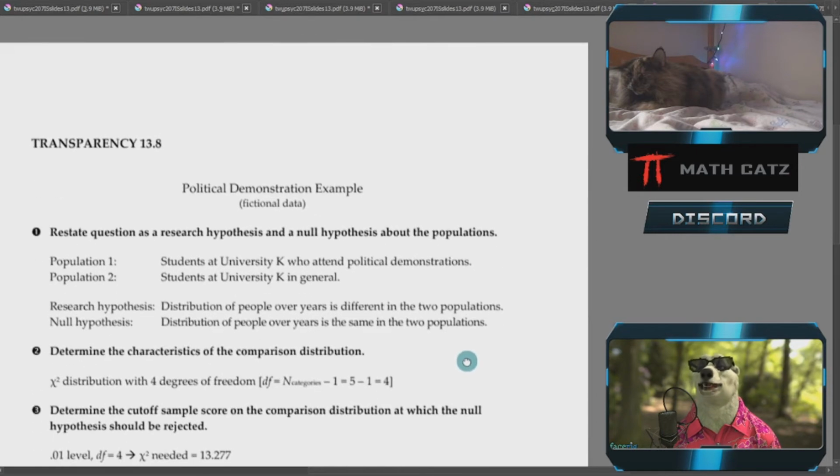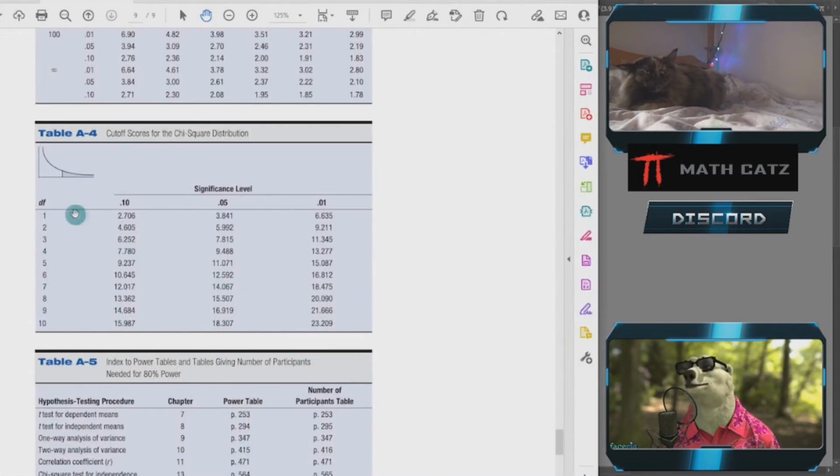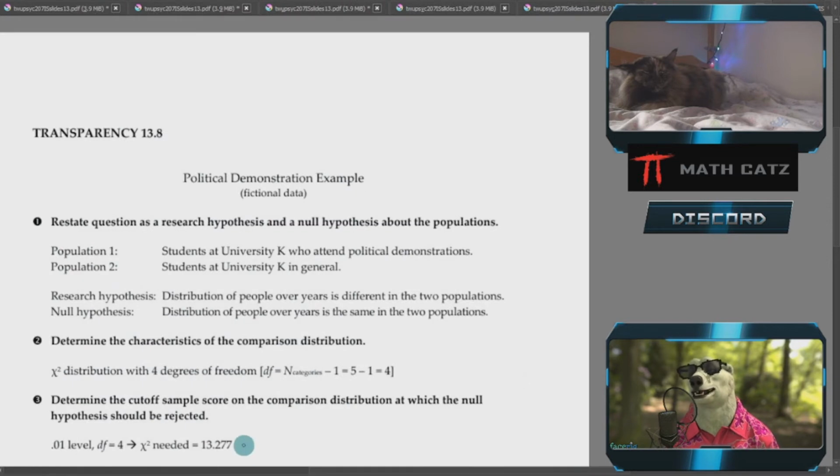We want to first determine our chi-squared cutoff. Well, we have a 1% alpha and 4 degrees of freedom. Let's go have a look. 4 degrees of freedom, 1% alpha will be 13.227. So we remember that.